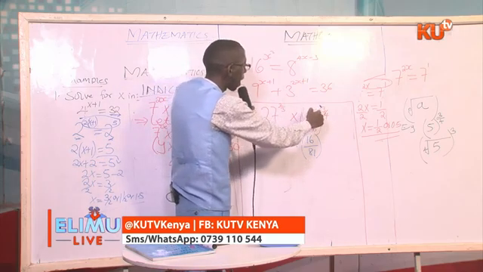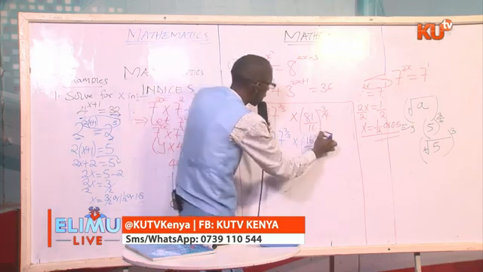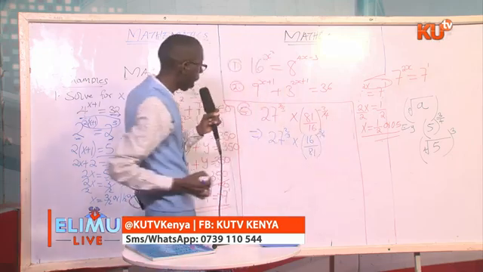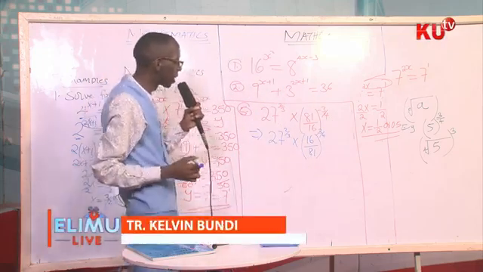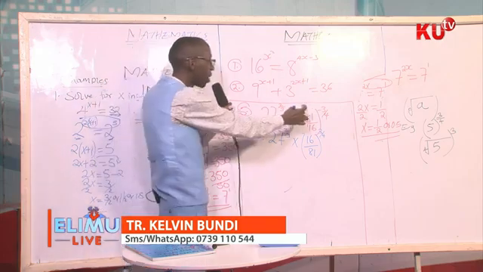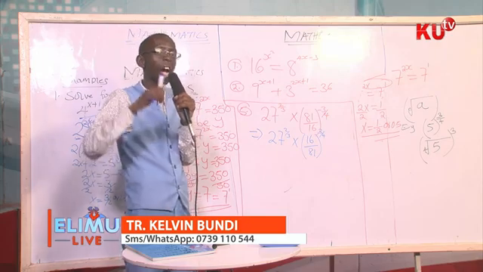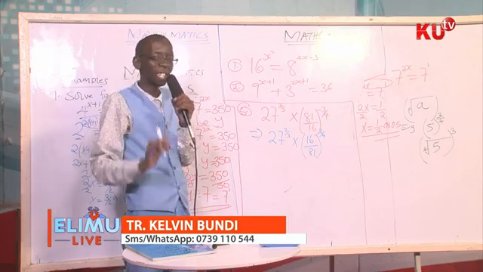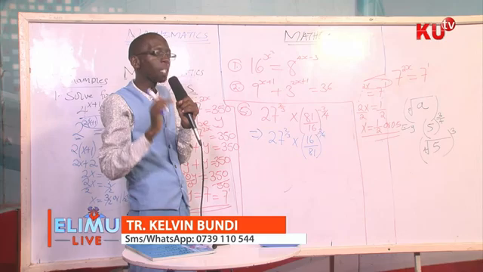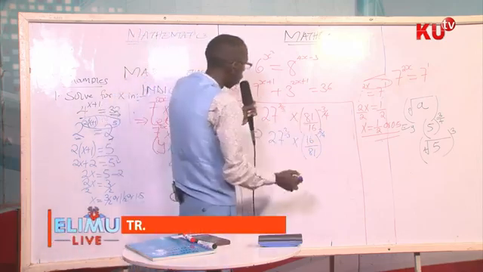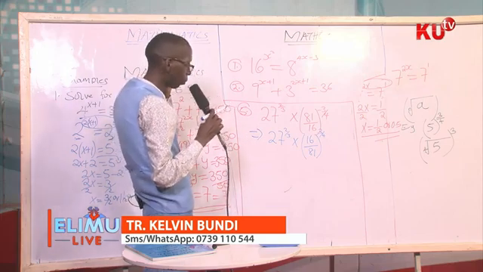So it was power negative 3 over 4, it will be power positive 3 over 4 after reciprocating.